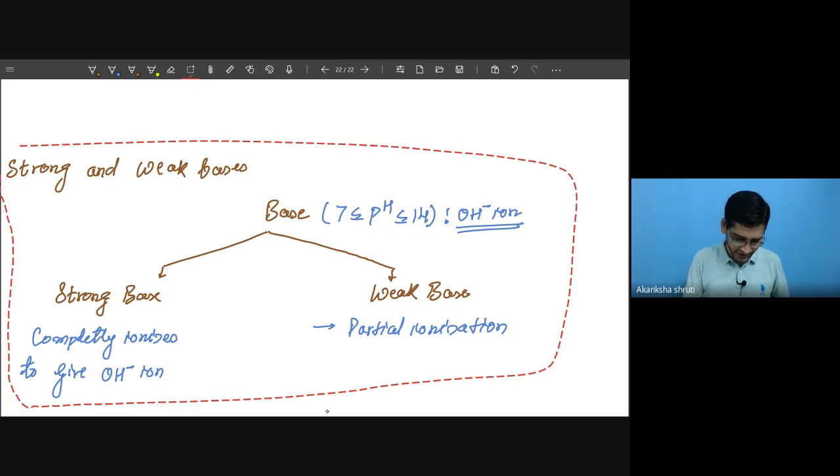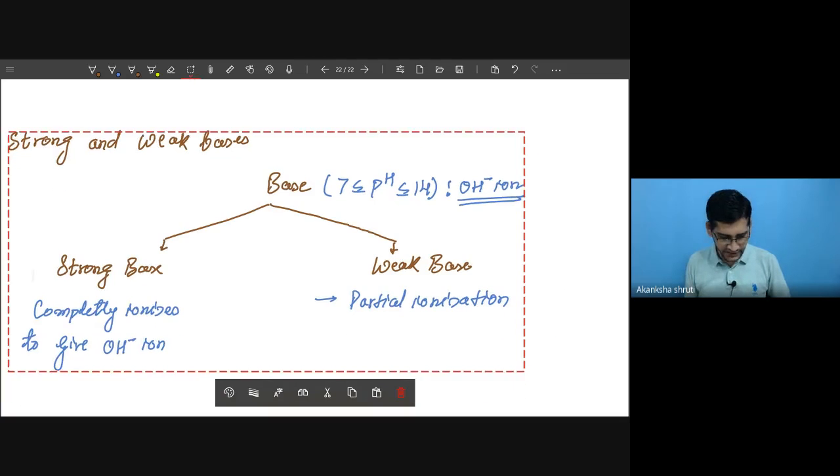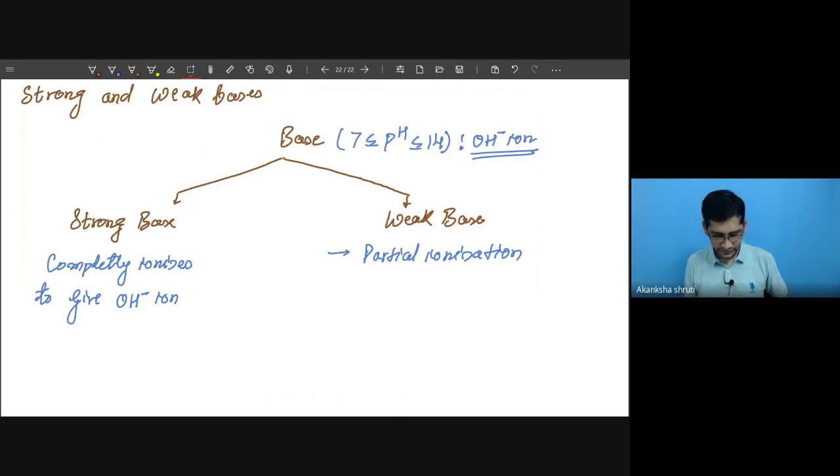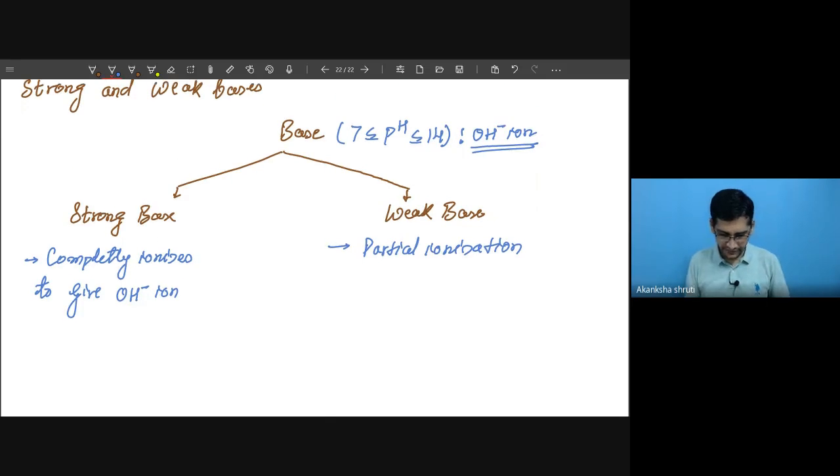So another characteristic regarding pH can be written for this strong and weak base. So write down those characteristics, then we will write the example.